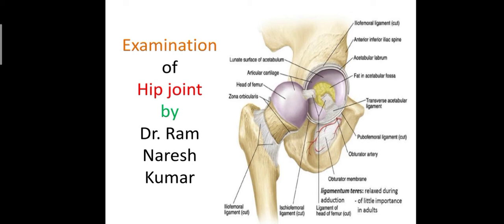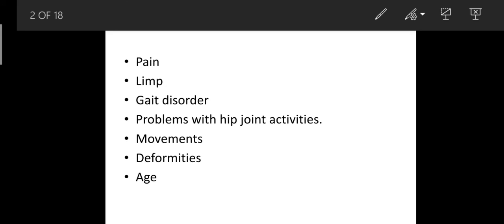So we see history: pain, limp, gait disorder, problem with hip joint activities, movement, deformity, and other points. Pain is the most common complaint of the patient with a hip joint problem.